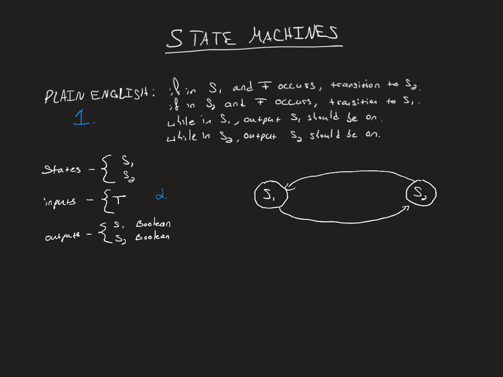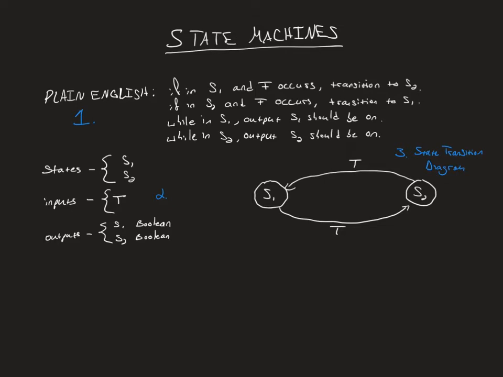So for instance here, if we're in S1 and we receive the input T, then we transition to S2. If we're in S2 and we receive the input T, then we're going to transition to S1. That just leaves outputs, which do not typically get represented on the state transition diagram. So step 3 is complete. State transition diagram.